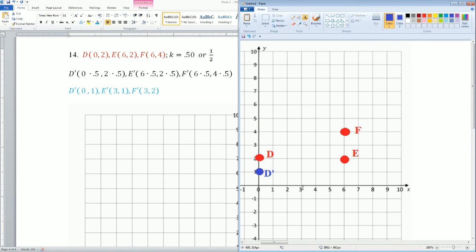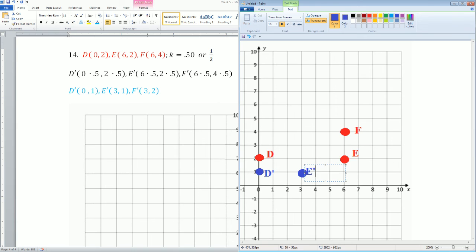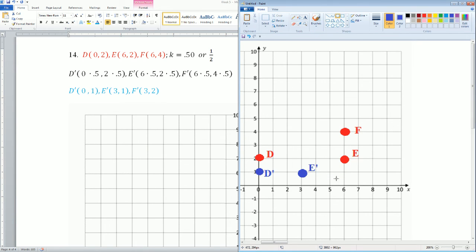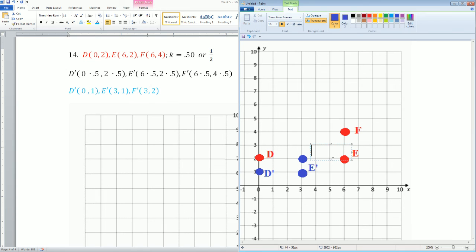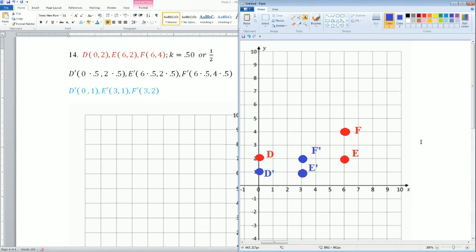3, comma 1. We're going to call that E prime. Then lastly, 3, comma 2. We're going to call that F prime. So I forgot to connect the red points.